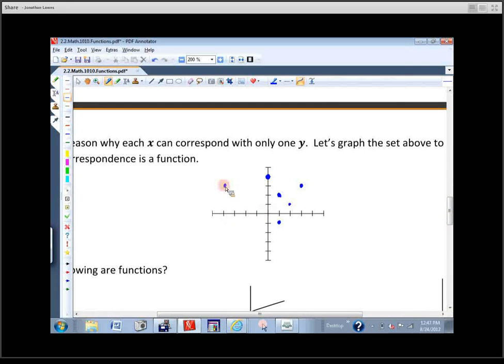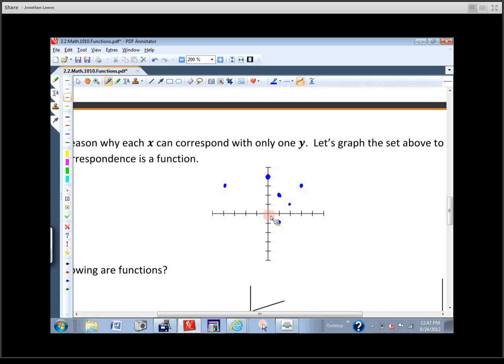If I go to 0, I know my answer's 4. If I go to 3, I know it's 3. If I go to 2, I know the answer is 1. The y that corresponds to that x value is a 1. But what if I go to 1? What's the answer? Is it -1 or is it 2? That's the problem. The problem is right here. These two numbers are on the same vertical line.